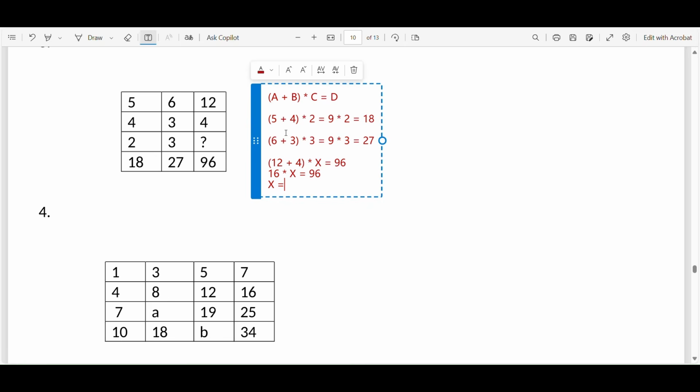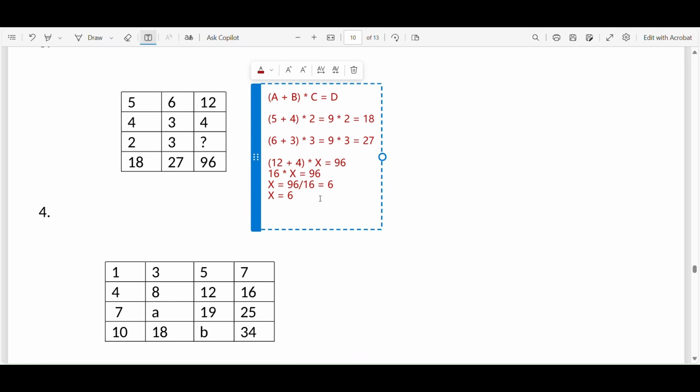And what is x? x is nothing but 96 divided by 16. Let me calculate it fast. 96 divided by 16 will give you 6. So finally the value of x is 6 here, right?